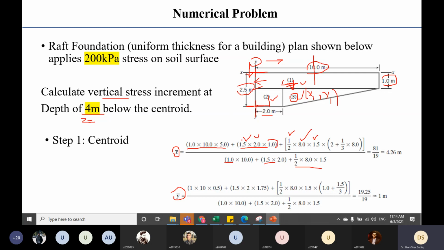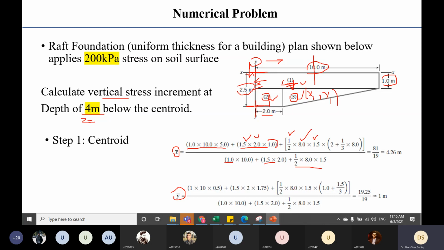So this is how you have to multiply, because you have to take the moment on the y-axis, because you know the moment arm is at 90 degrees. So for area 2 you have 1.5 multiplied by 2.